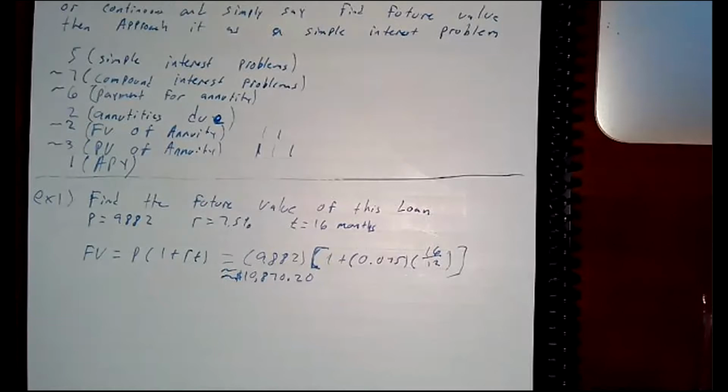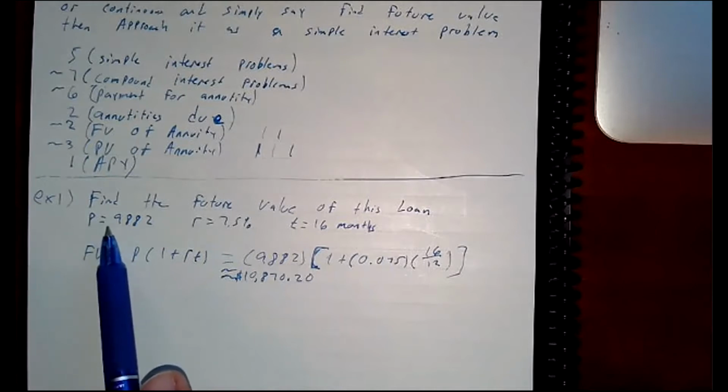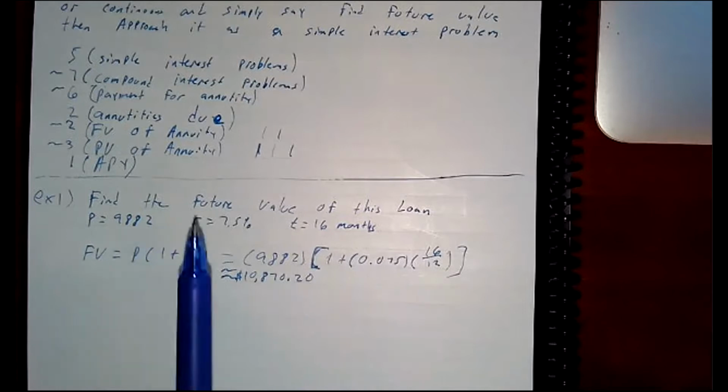The majority of the problems in this section are the same deal. They just might ask you to solve for principal. They might ask you to solve for rate. Same with the exam. So in our question, they wanted the future value, but they could give you the future value and not P, so you would have to solve for P. Okay, remember I gave you a list of formulas.